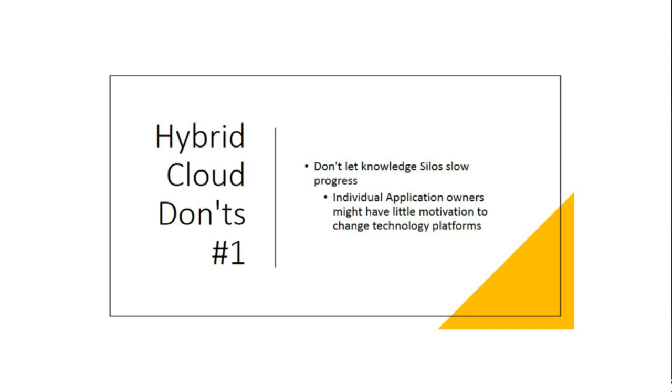So one of the big things is that we have to make sure that we're working through the quick wins that we can have. Some application owners might want to move a little faster, so don't get tied up in those parts of the organization that don't want to potentially move forward. Take the quick wins that you have, get the motivation with your technology owners that are out there, and don't let that slow down the progress inside of your organization.